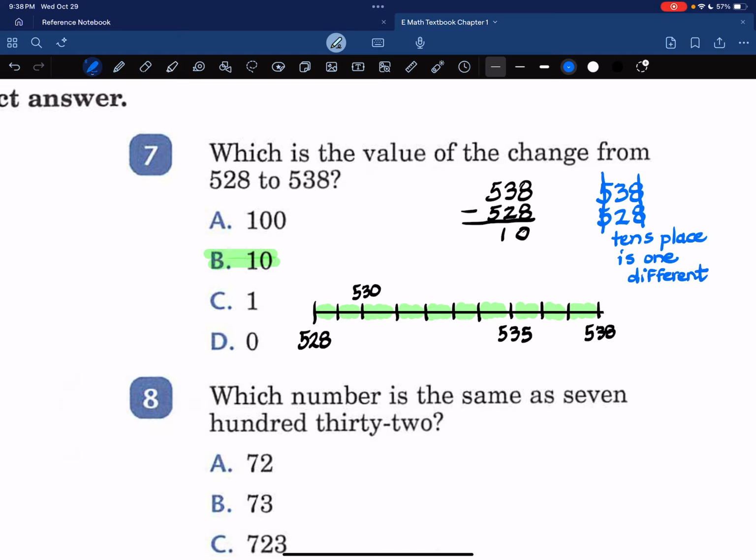So 1 ten is 10. But any way you do it, you'll get the answer, and that's fine. It depends on how you see it. We're just concerned about getting the answer.